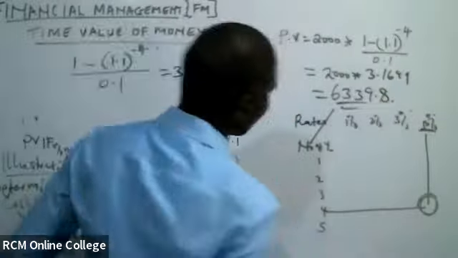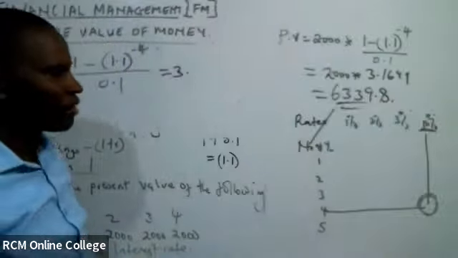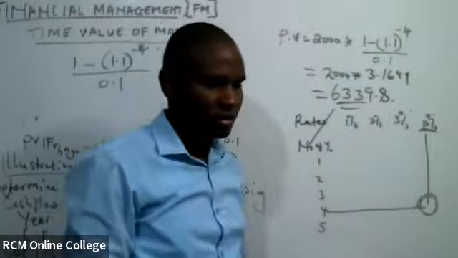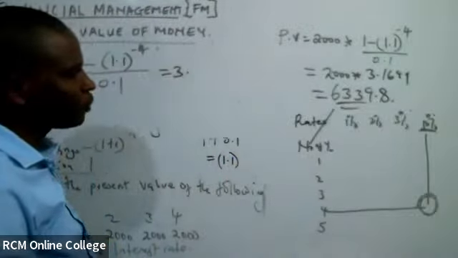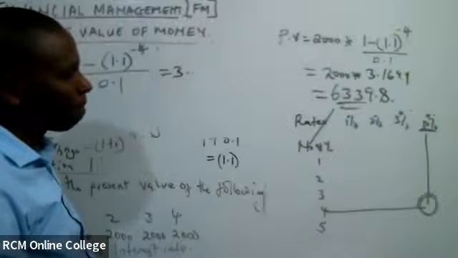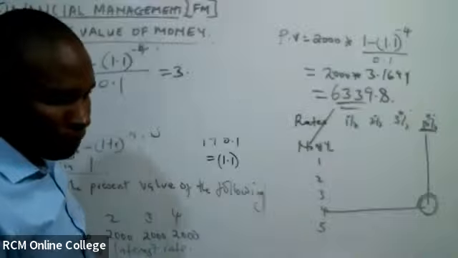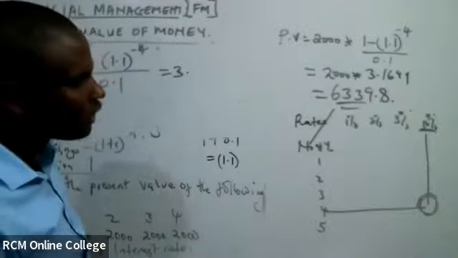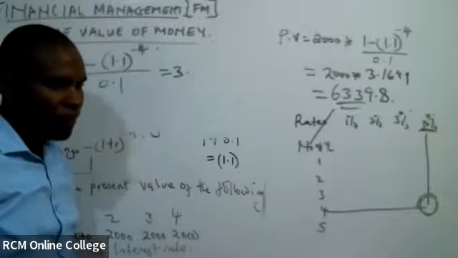That is the present value for that. All right. 6339.8. Okay, that's good.